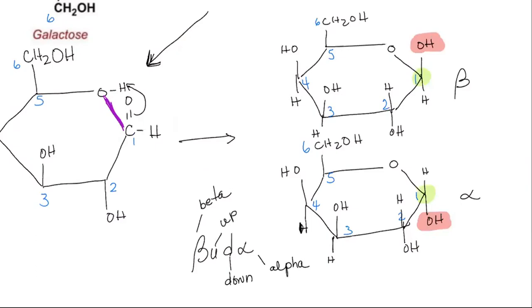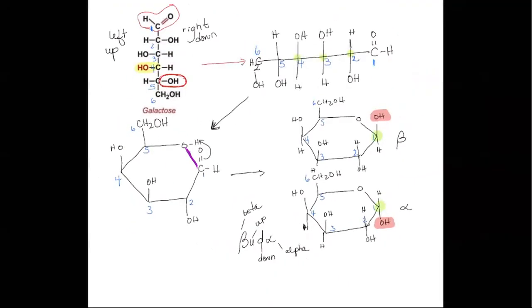Again, when it comes to the chemistry itself or making the Haworth, at least I wanted to show it to you guys, but understand that for exam purposes, it is important that you know the atoms that are involved in the reaction, which you can see is the OH in carbon 5 and the carbonyl in carbon 1, and lastly, when you make the Haworth projection, determine which one is alpha and which one is beta.